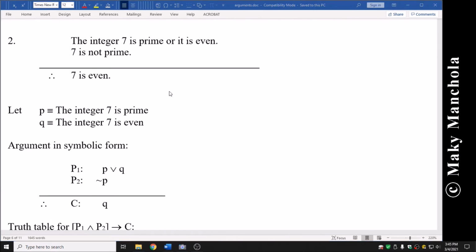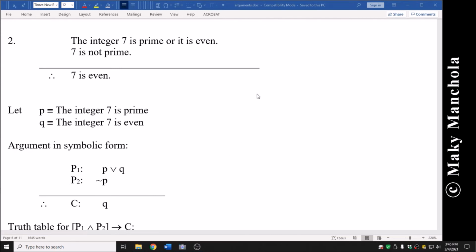In our second argument, the integer 7 is prime or it is even. 7 is not prime, therefore 7 is even. This argument in symbolic form happens to be a valid argument form.